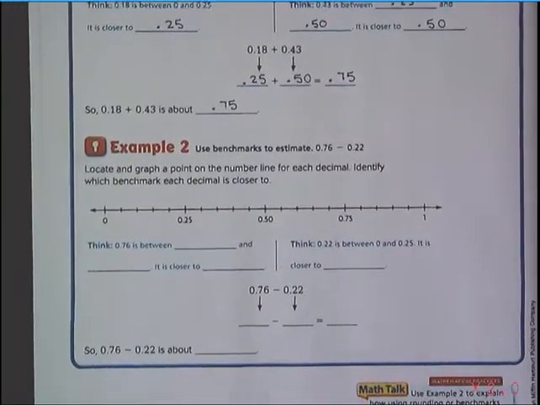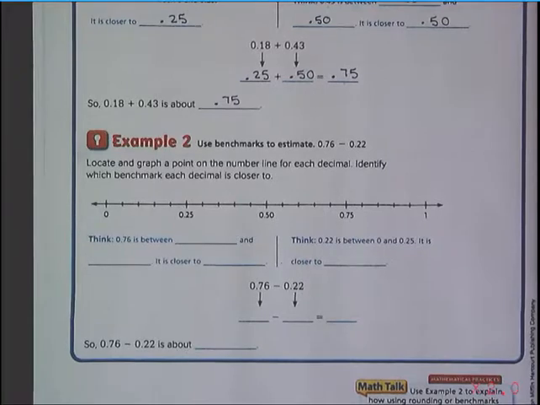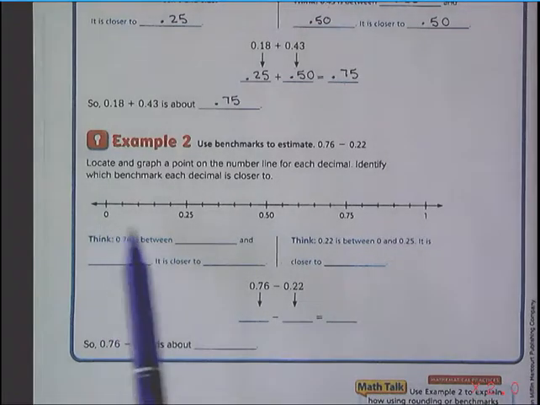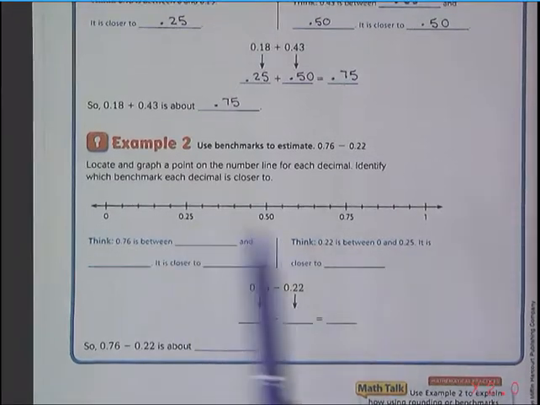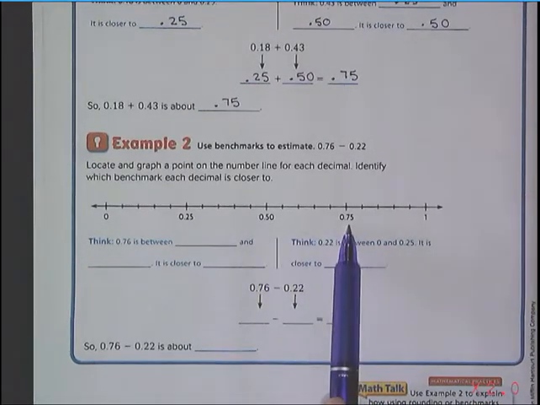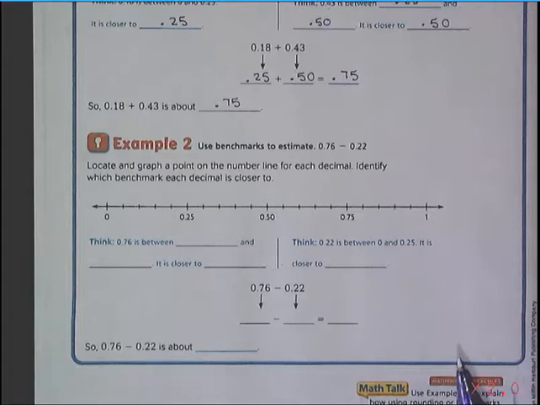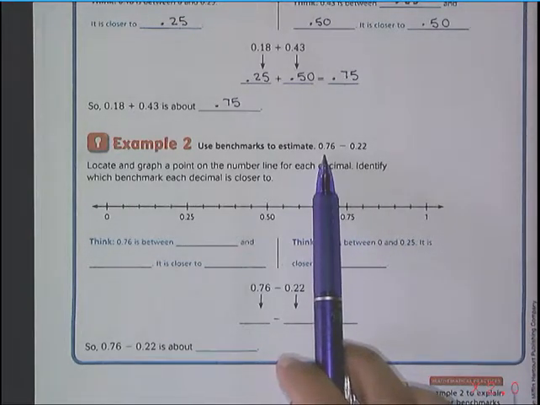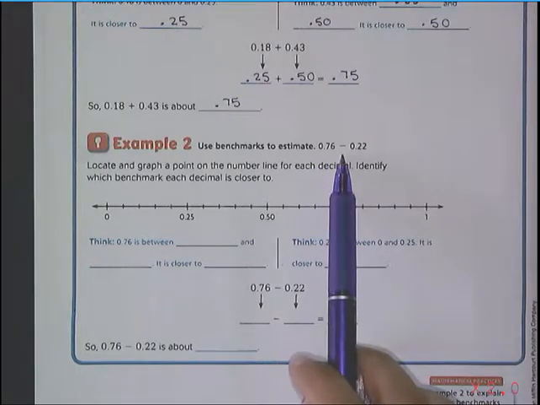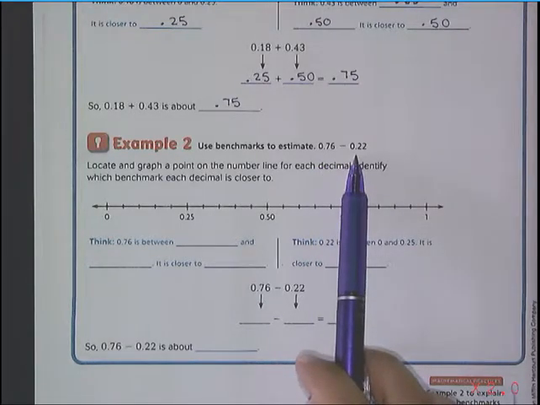Let's take a look at the second example. It is the same thing, it's still using benchmarks. You notice on our number line we have 0, 0.25, 0.50, 0.75, and 1. And we are finding the estimated difference of 0.76 minus 0.22.